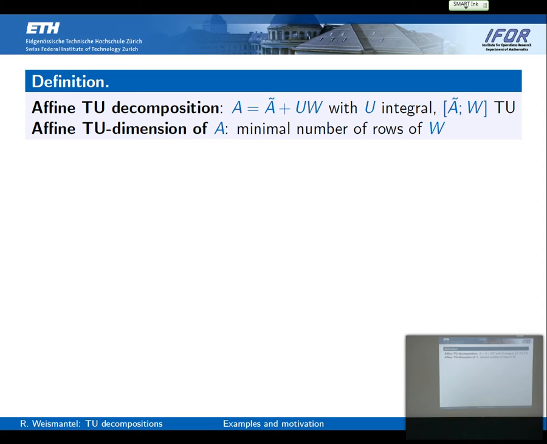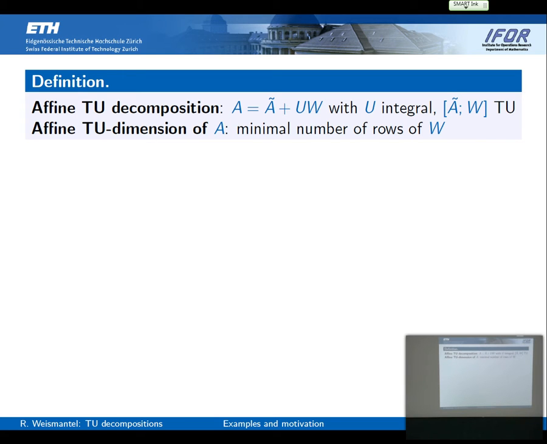Look, you can take any matrix A here and take A tilde to be the zero matrix, take W to be the identity matrix. And then the U, you just choose A. So you have such a decomposition, but then, of course, since you use the identity, you just use the original variables. That would correspond to affine TU dimension n if you cannot do any better.